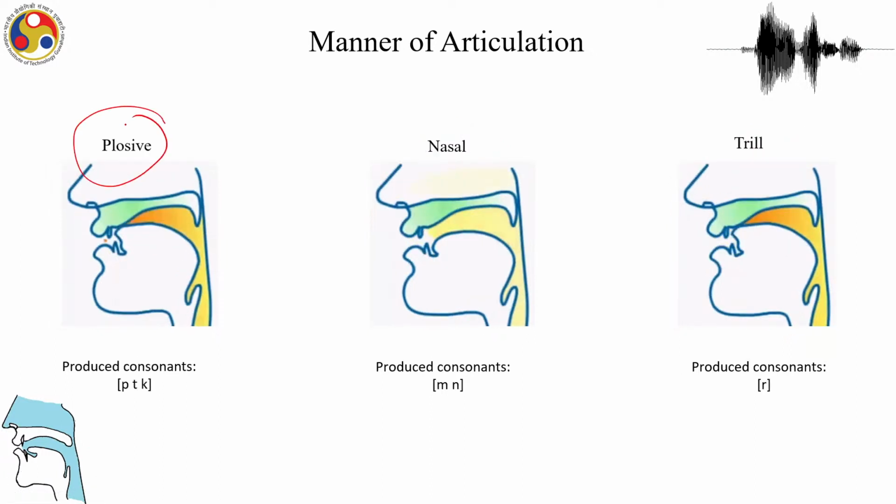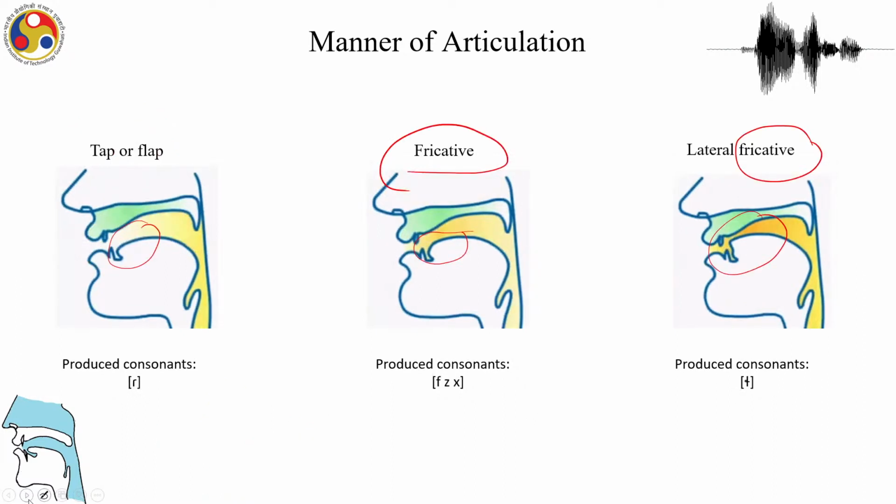A plosive, as we can see here, is complete closure, whereas a fricative is not complete closure, it's a partial closure.